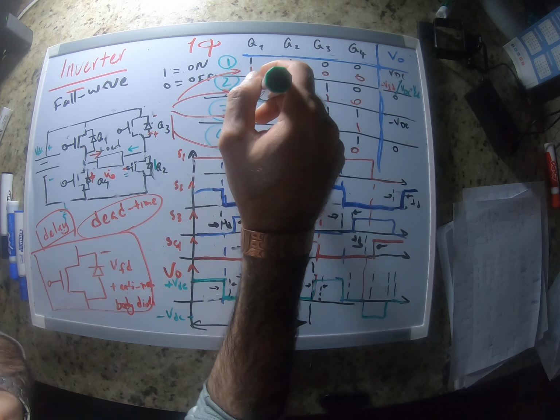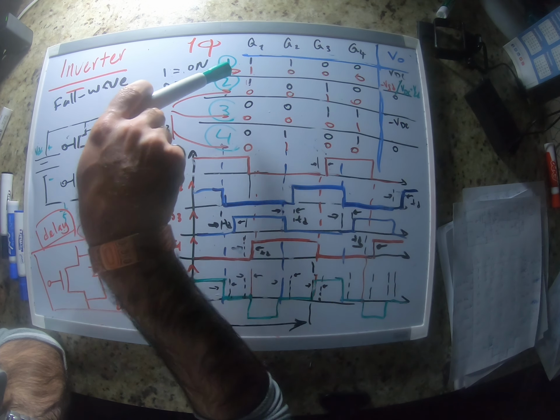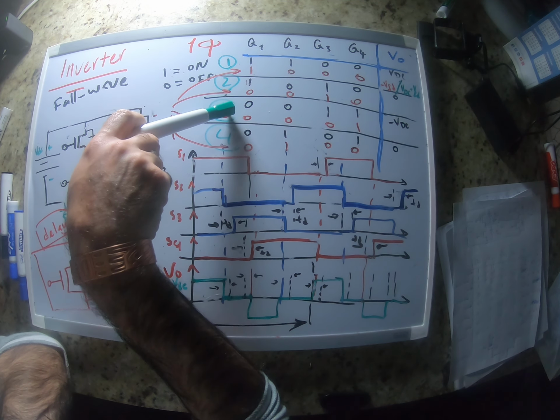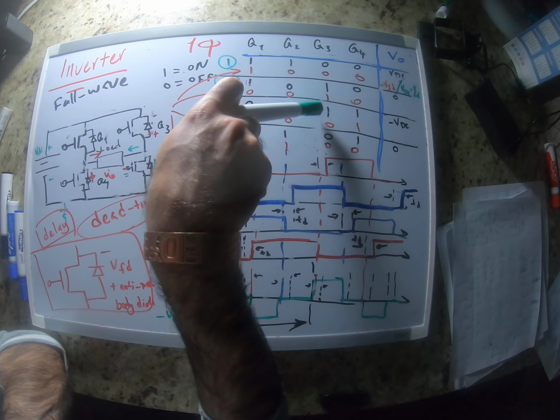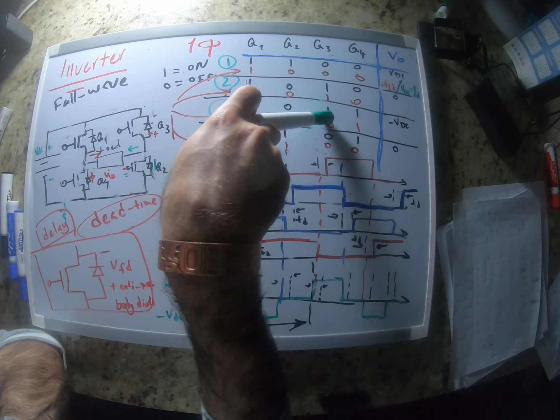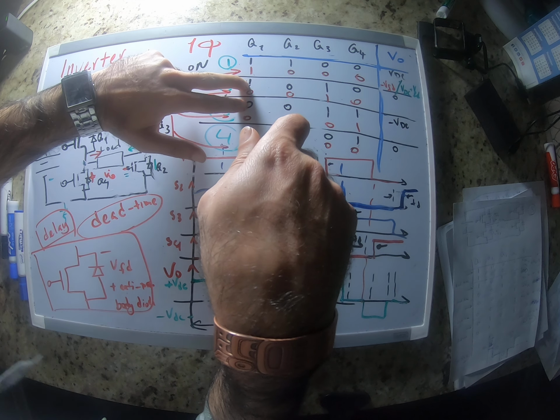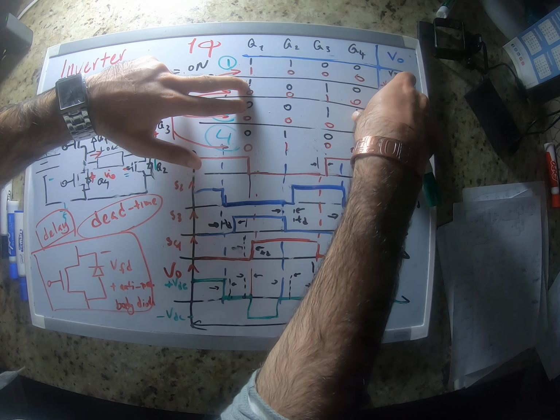Now, what do we want to do from this point to this point? We want to keep switch 3 on, but we want to turn 1 off and turn 4 on.